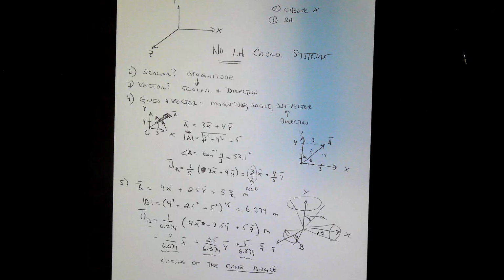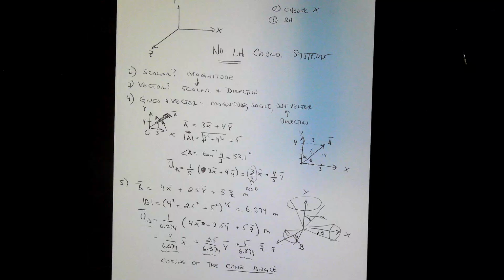Cosine theta, cosine alpha. This is the same thing down here. All right? These are all cosines. But what we have here is the cosine of the cone angle. Kind of an interesting concept.